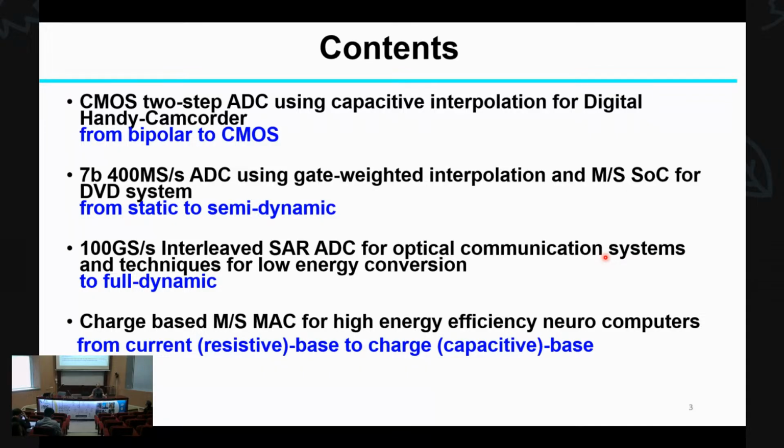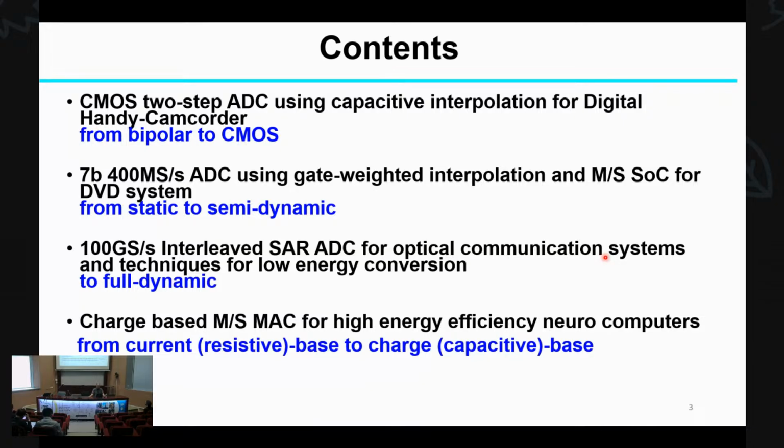Next is the 7-bit 400 MHz ADC using gate-weighted interpolation and mixed-signal SoC for DVD systems. And in terms of circuit technology, this shows a change from static current circuits to semi-dynamic current circuits.